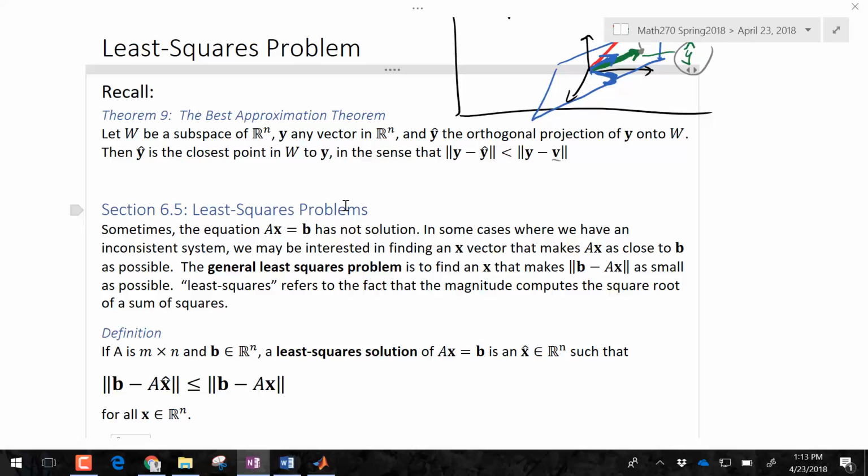If you don't get a solution, what's the closest thing you can get? So we're going to move to this idea of approximation.